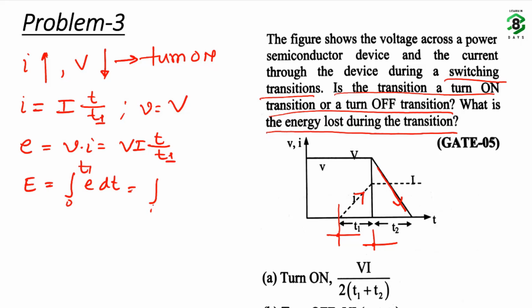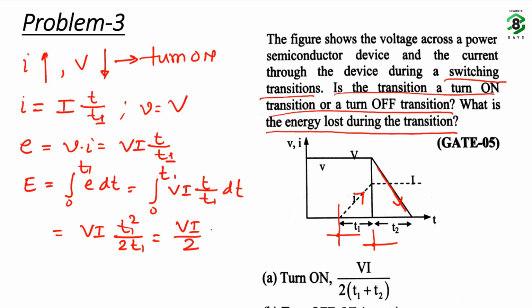Put the values: V I t by T1 dt. After integration we get V I by T1 times t square by 2 from 0 to T1, so V I T1 by 2. This is expression 1. We have calculated the energy loss for the duration of T1.